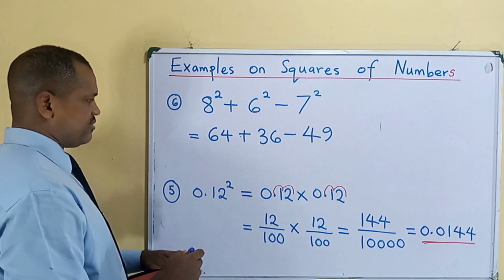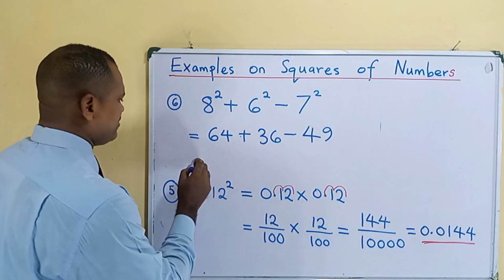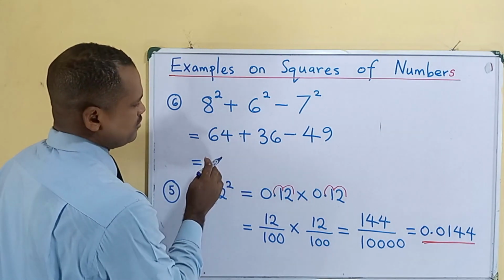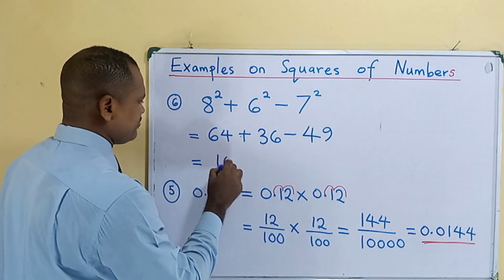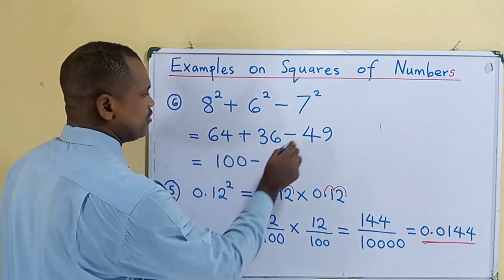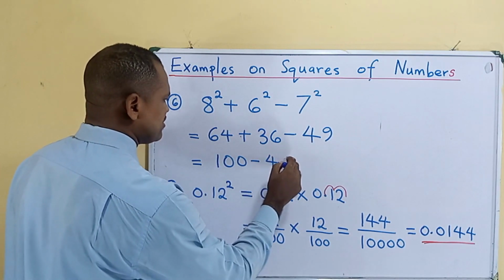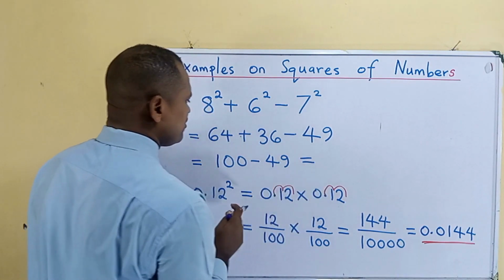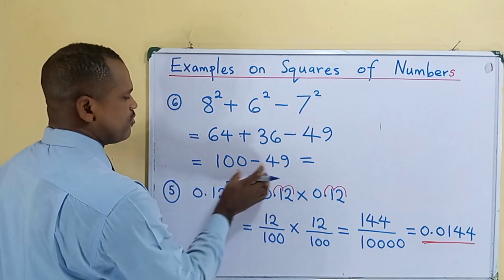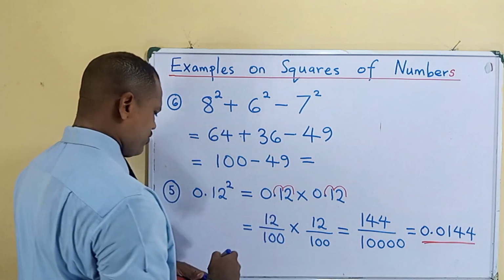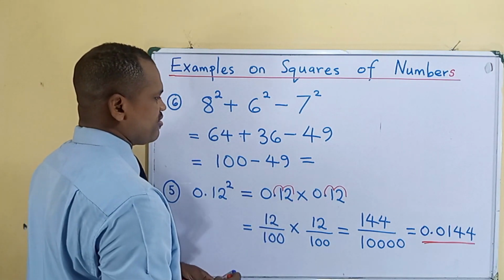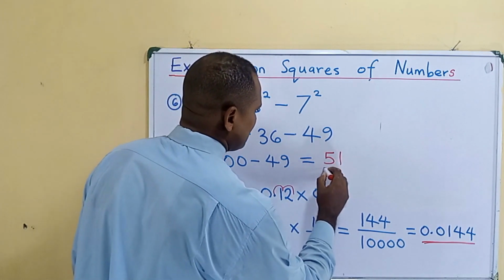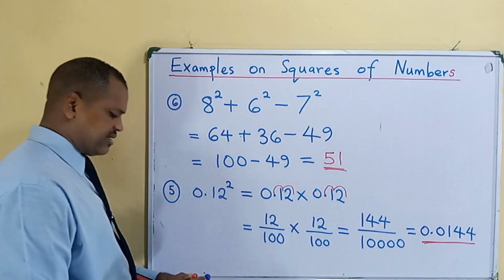This will give us 100 minus 49. If you minus 49 from 100, that will give you 51. And so that is the answer.